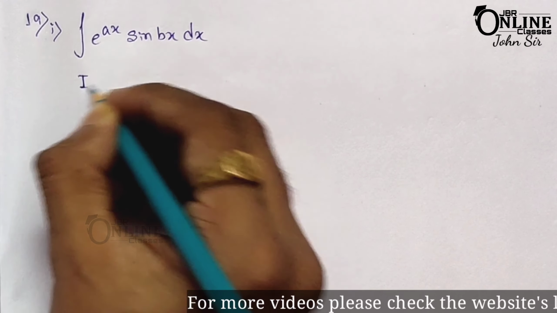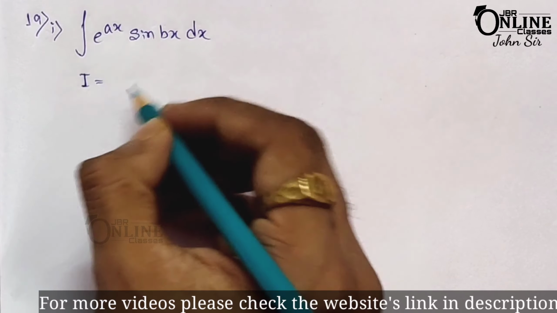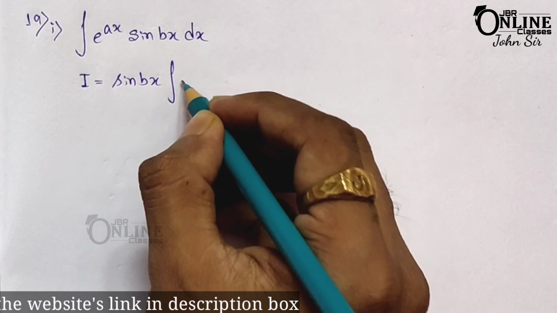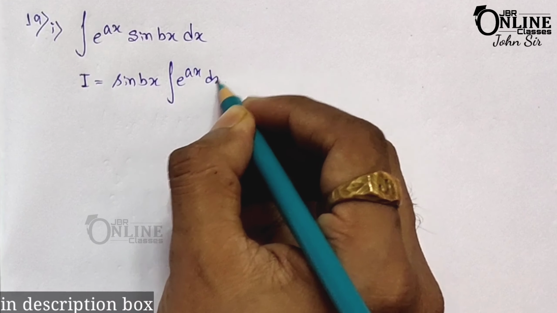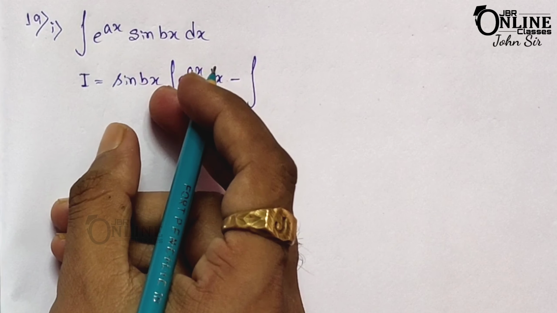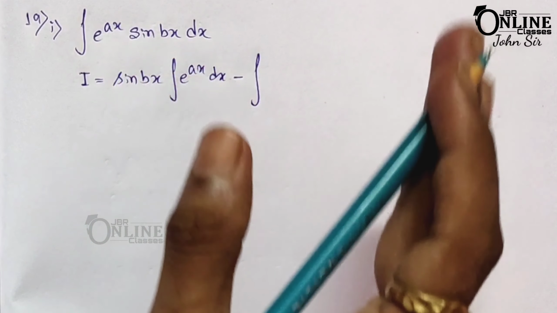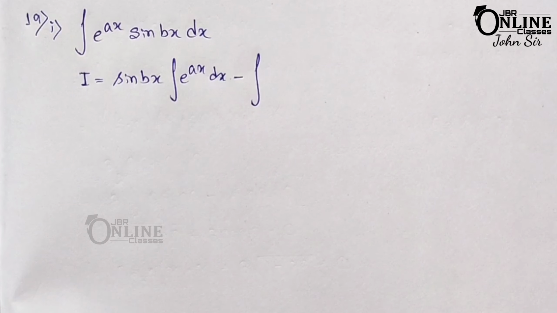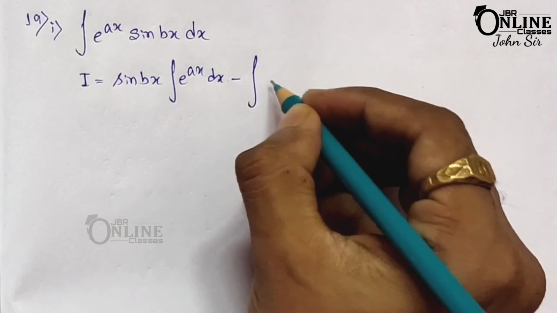So first let this one be I equal to, as here first write the trigonometric function, that is sin bx, then integration e to the power ax dx, minus integration now d/dx of sin bx. You know that d/dx of sin bx equals cos bx into b.